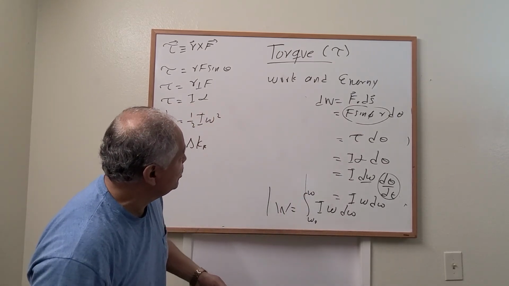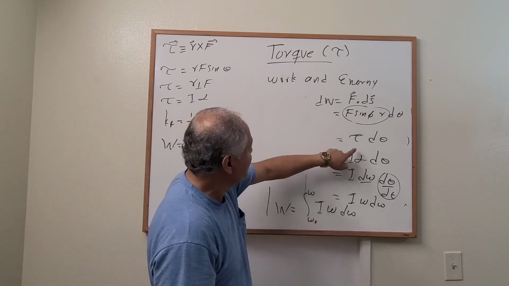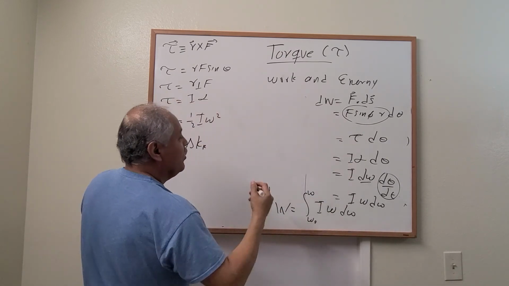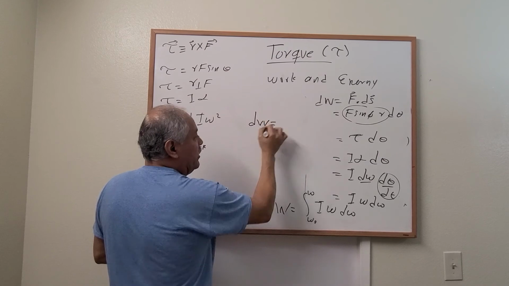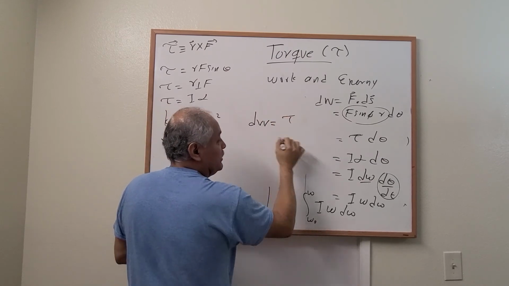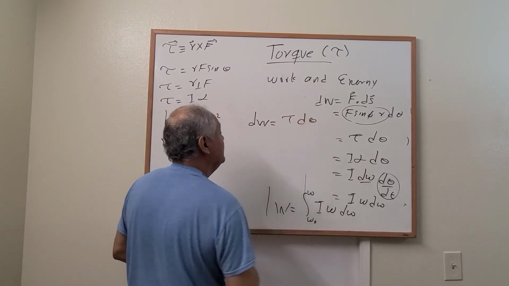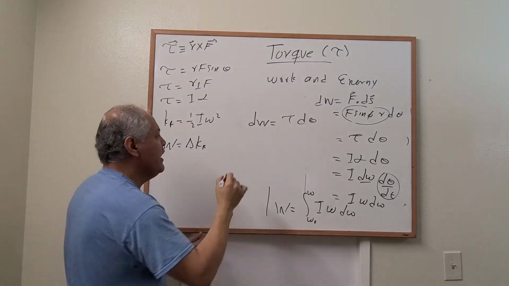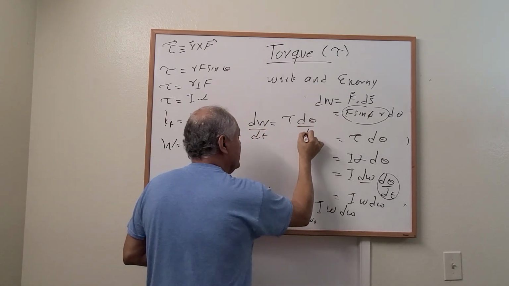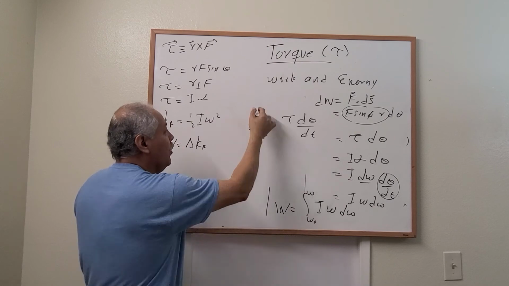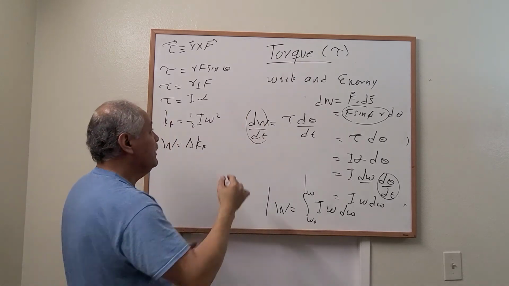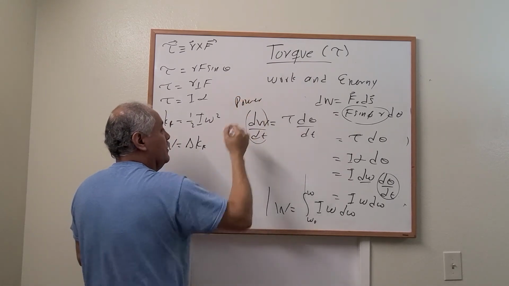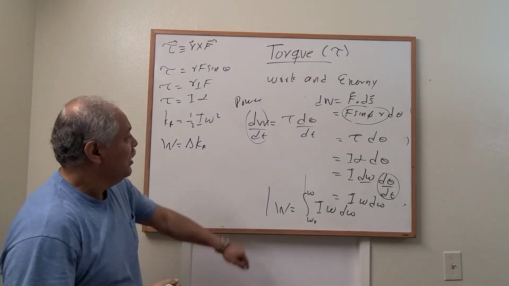Now, let's go back to this equation right here. This element of work equals torque times d theta. Now, if we divide this by time dt, work divided by time is just power, instantaneous power. What should this one be?